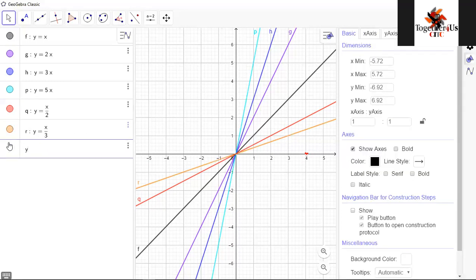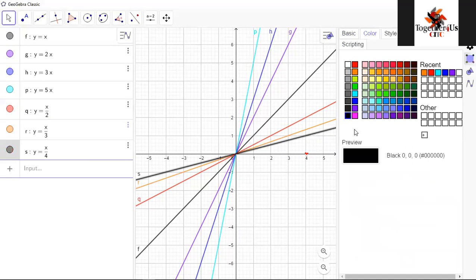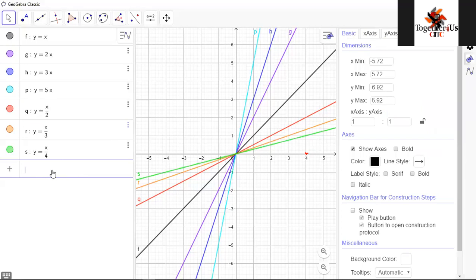I will come to the real interpretation of this, how you actually should interpret it. And let's see again, as I decrease the gradient, you can see where I'm going. I am gradually getting closer and closer to the x-axis. Let's take the fifth one, say y equals x over 5.